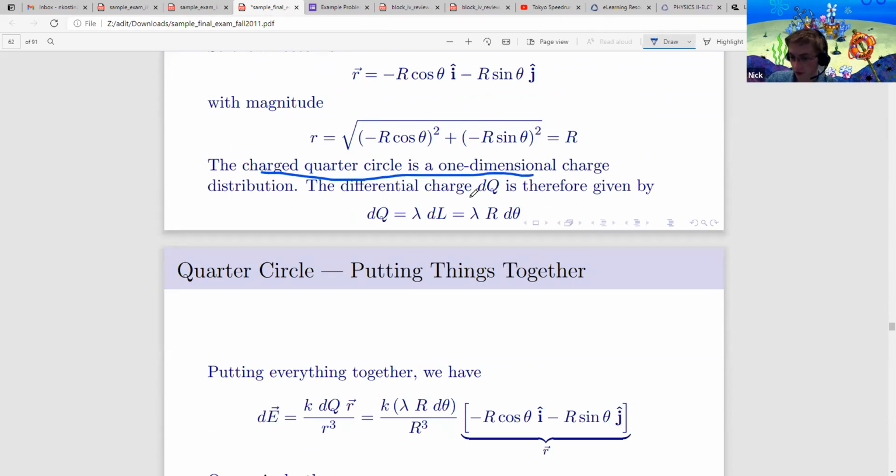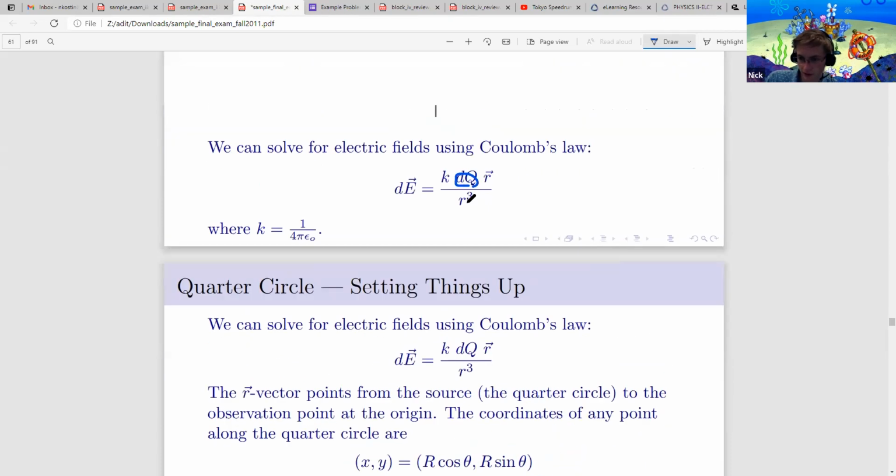And whenever we have a 1D charge distribution, dq is always equal to lambda dl. We're given lambda as just some constant. And anytime I have a circular segment, dl is always going to be r d theta. So we can immediately figure out that dq is nothing more than lambda, our charge density, times dl, which is r d theta.